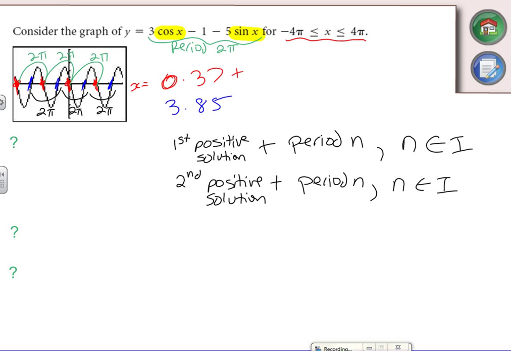Where you put the n doesn't matter. Put it on the end, put it at the beginning. I don't care. I'm going to always put it in the middle because that's how you're going to see it. And then define your n, N-E-I. Second positive, which is your blue, plus your 2 pi, slap the n in there, N-E-I. Done. That is your general solution.